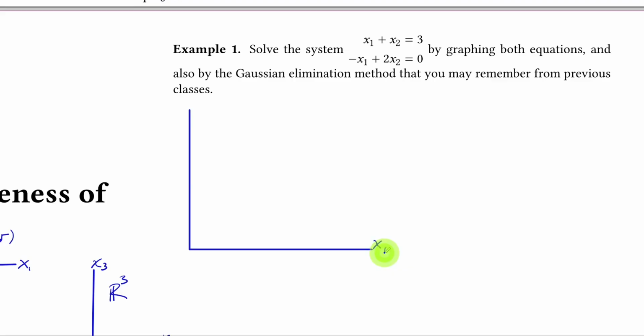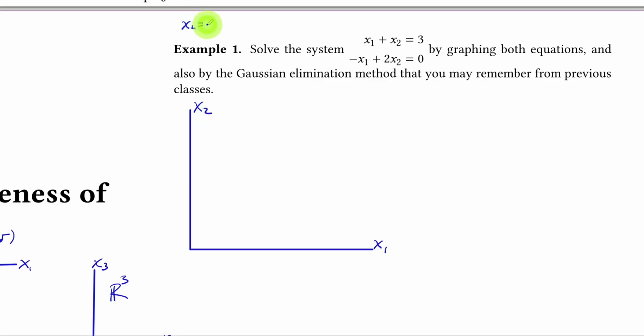It means basically the same thing as x and y. And a good way to graph an equation is to get it into slope-intercept form, like y equals mx plus b. In this case, that would be like x2 equals mx1 plus b, because we would have that instead of x and y.